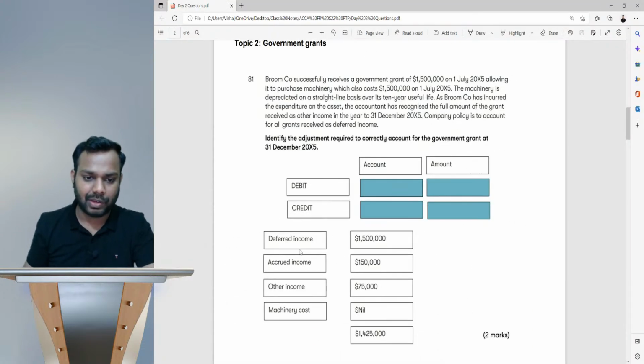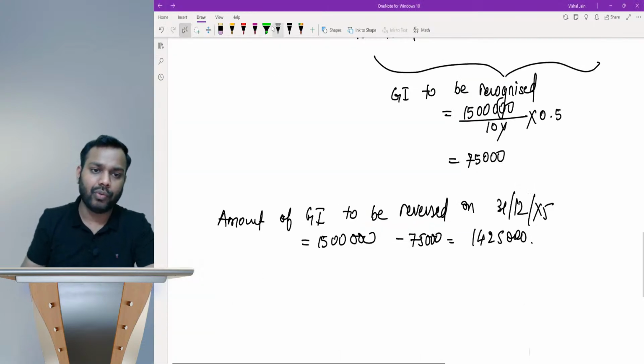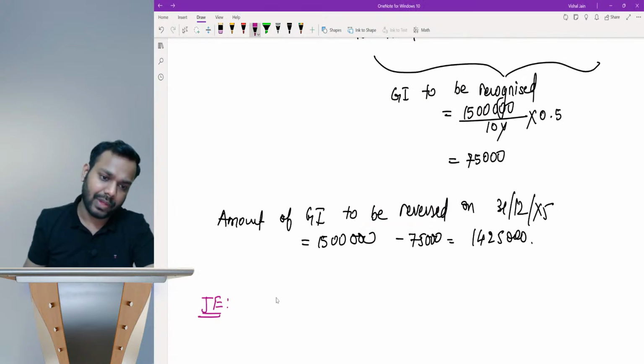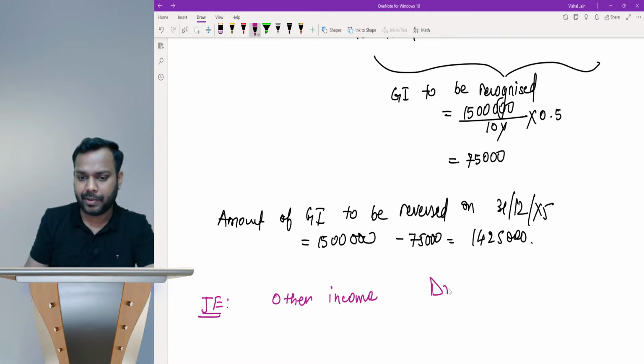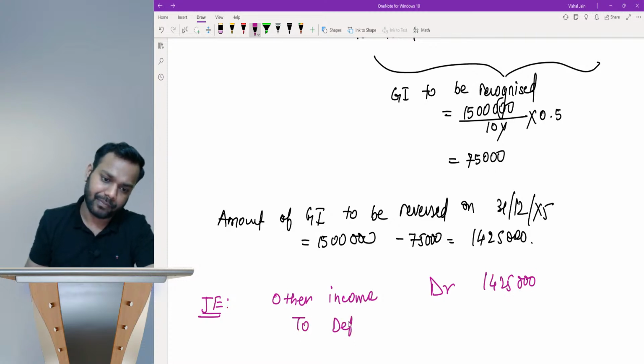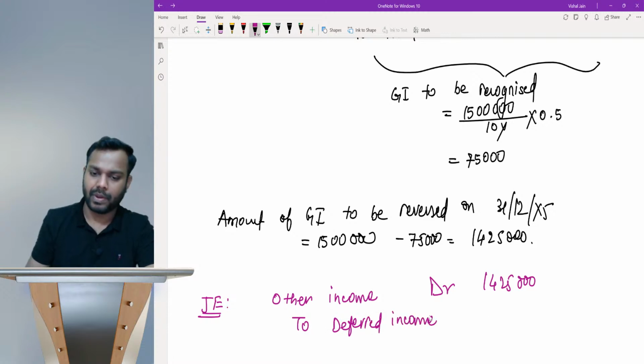Now what is the entry for that? Tell me, just let me see what are the accounts that are involved. Deferred income and other income. So what we'll do, we'll reverse the other income. Journal entry will be: other income account debit, how much? 1425000 to deferred income, 14,25,000.